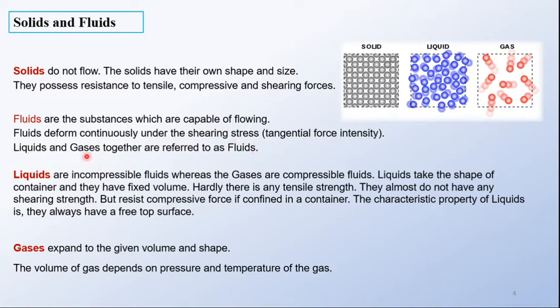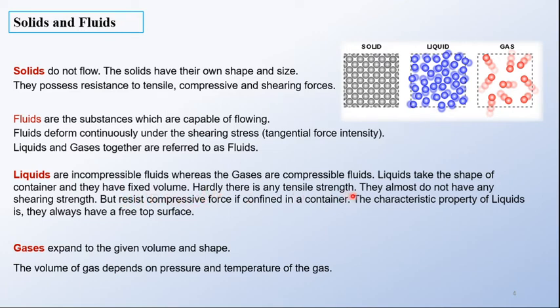Liquids and gases together are referred to as fluids. Again, there is a bifurcation between liquids and gases. Liquids are incompressible fluids, whereas the gases are compressible fluids. Liquids take the shape of a container and they have a fixed volume.